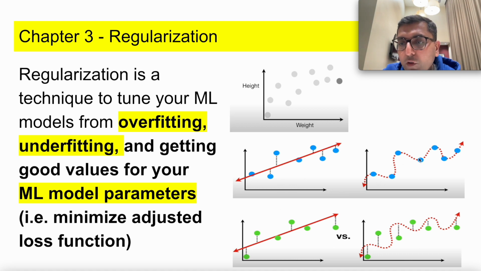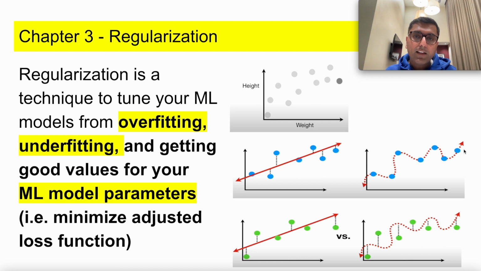Because if you fit too much, then if you get a data point that's outside, this line actually does a better job of predicting the trend versus this quadratic equation. So overfitting is an important concept. Similarly, underfitting and not having the right model parameters is super important.